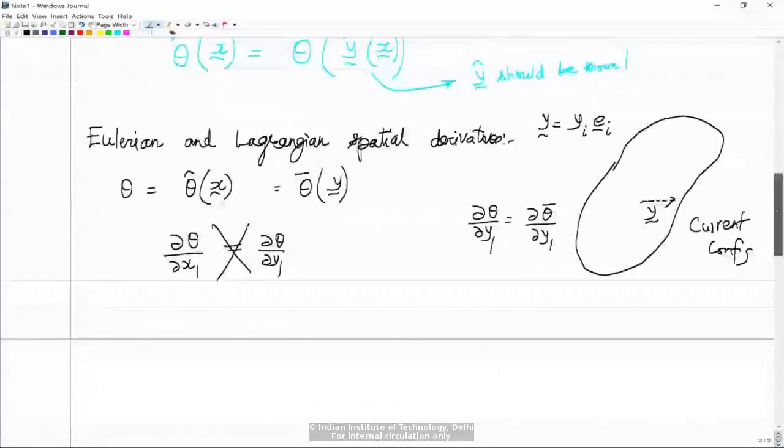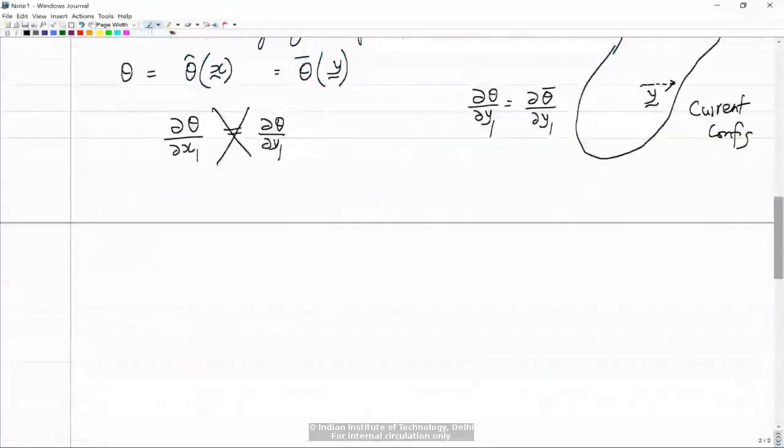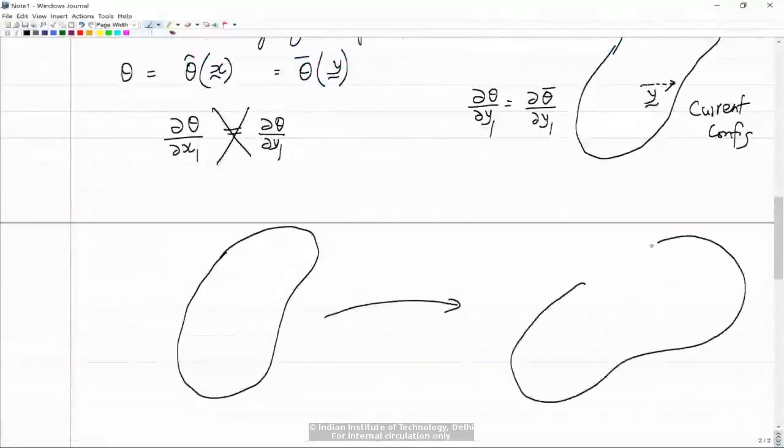Just to tell you why it is really different, let me draw the body in the two configurations. This is the reference and this is the current, also called the deformed configuration.